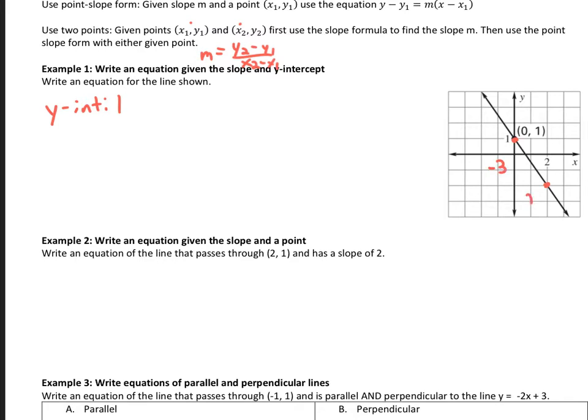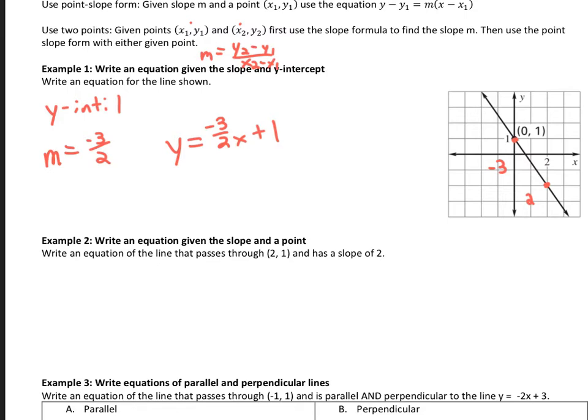The run would be positive 2. So my slope is negative 3/2. So if I'm given the y-intercept and the slope, I can write slope-intercept form. y equals mx plus b. y equals negative 3/2 x plus 1. And there we go. We've got an equation of that line.